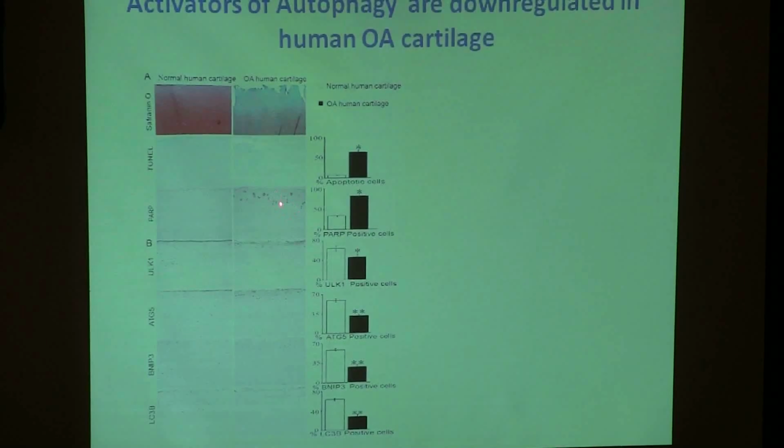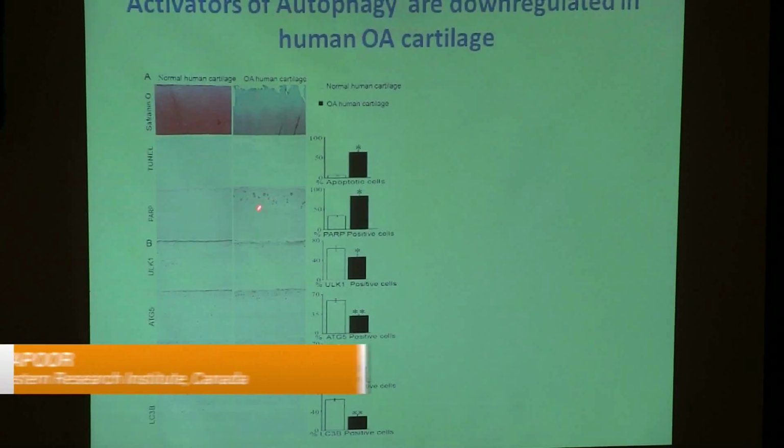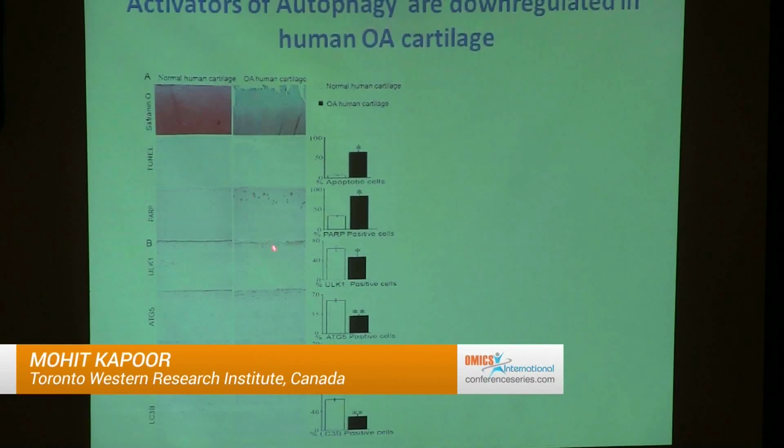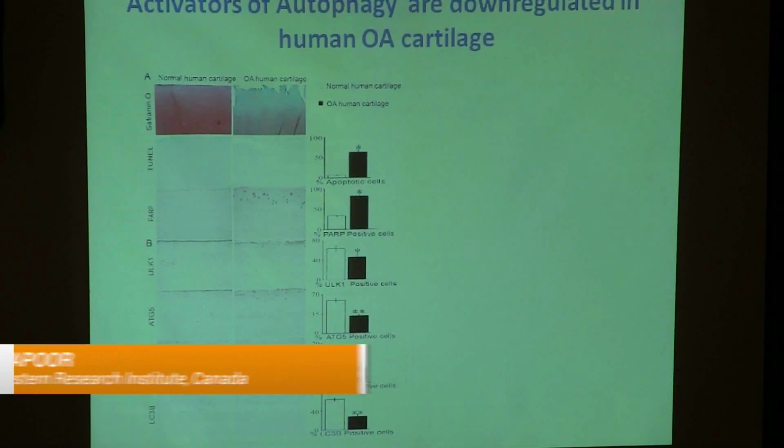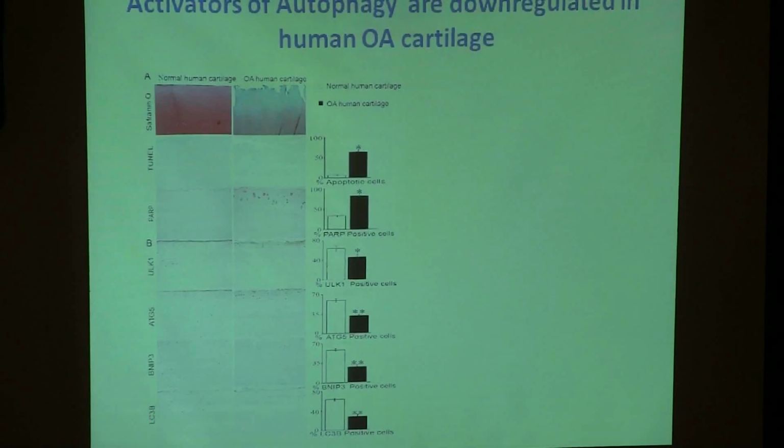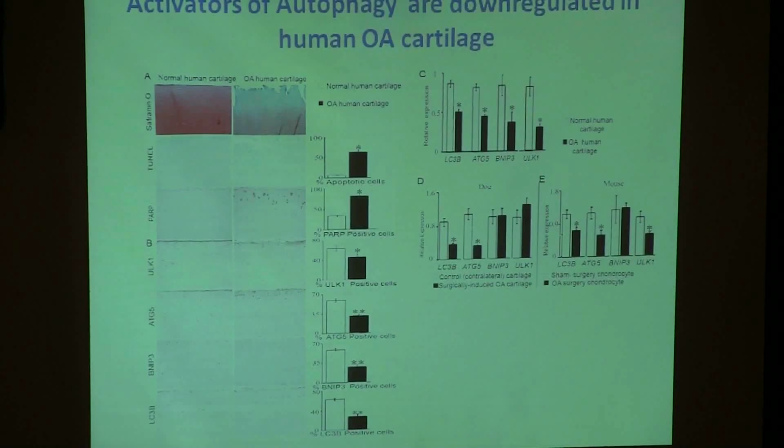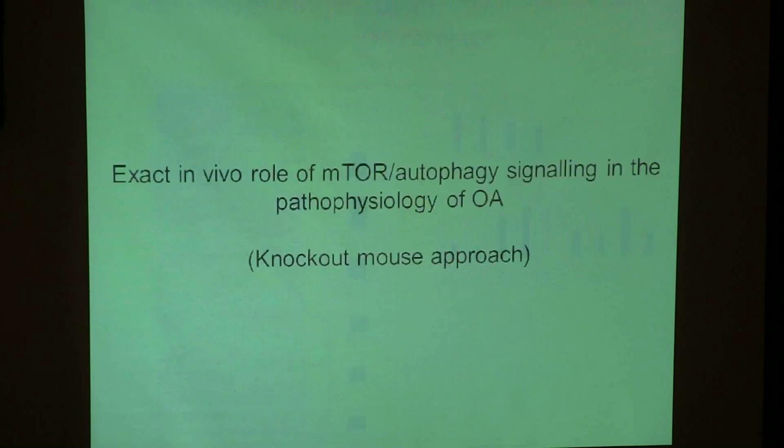You have enhanced apoptosis, and you have an inverse correlation where ULK1 is downregulated. ATG5, which is another autophagy gene, is further downregulated, as well as BNIP3, which is an interactor with LC3B to perform autophagic vacuole formation, are all downregulated in an osteoarthritic condition. And this is, of course, consistent in dog models of osteoarthritis as well as mouse models of osteoarthritis.